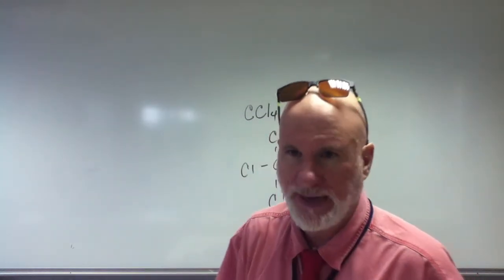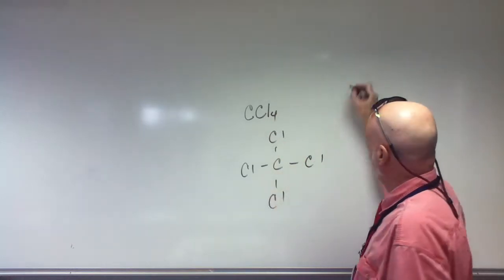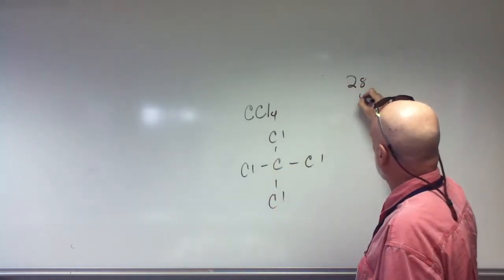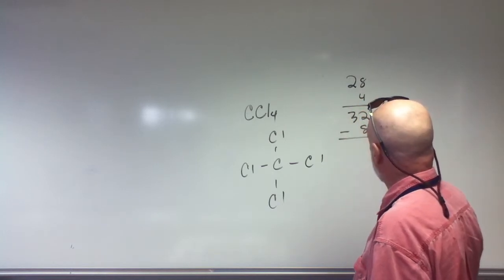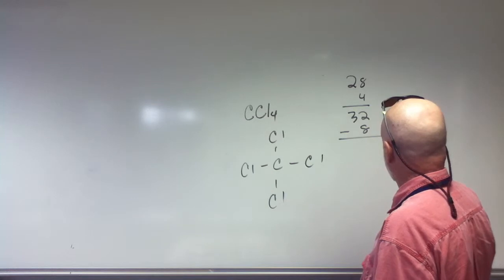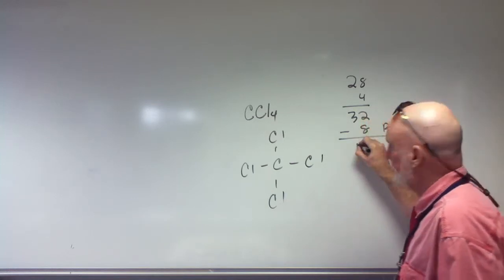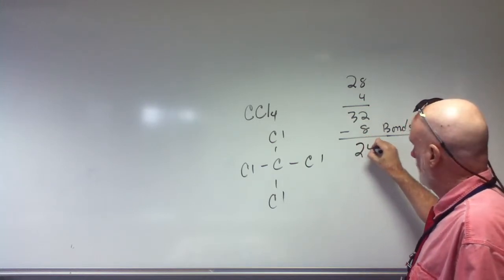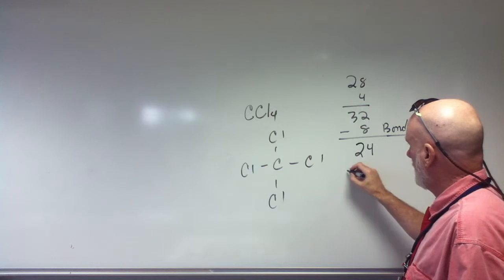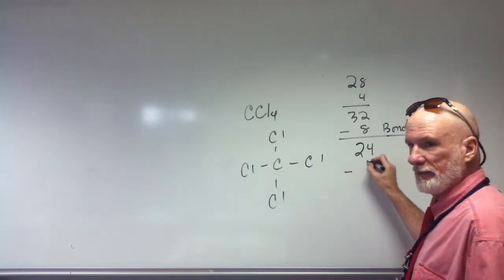You count up your total valence. So this is going to be 1, 2, 3, 4 times 7 is 28, plus 4, 32, minus 8 for the bonds, right? And that's going to be what? 24, and then minus what?